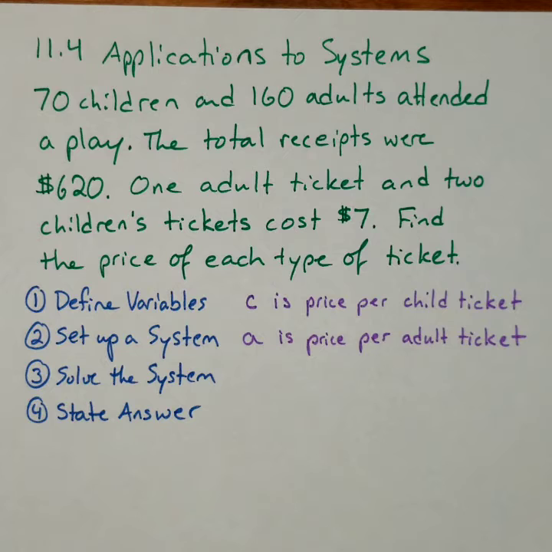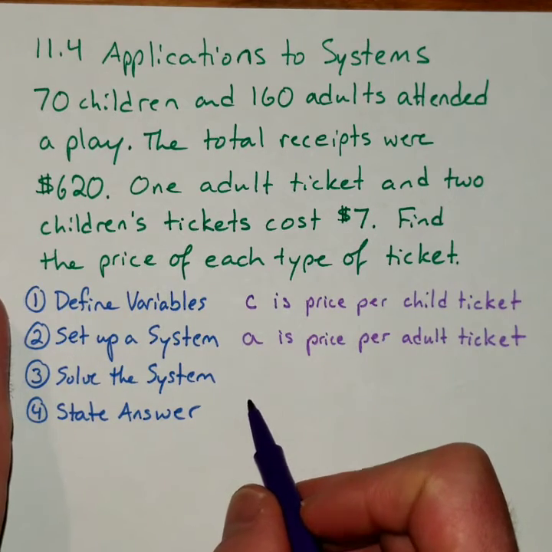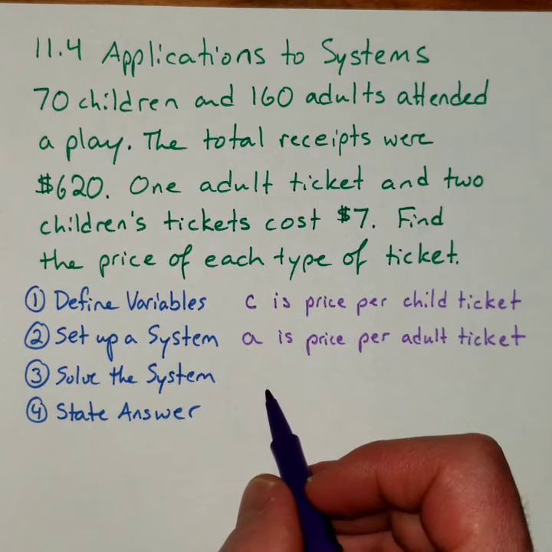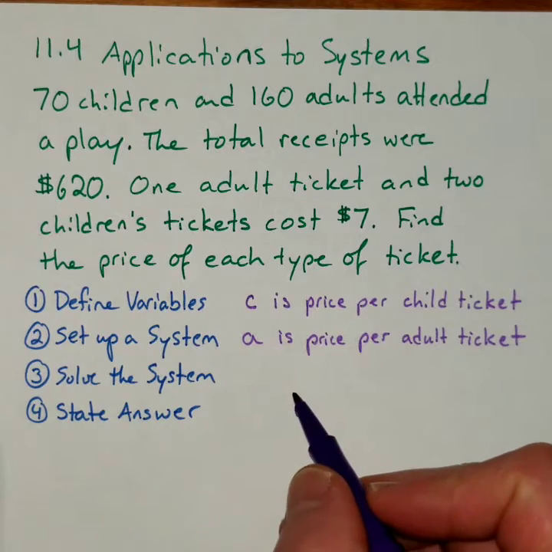Now, I'm going to again use a table to set up my system, to organize my thoughts. But before I do that, I want to give you a formula that generally will work for these problems, and that is that there's some sort of rate. We did the distance, rate, time problem before. When there is a rate involved, you're going to multiply that rate by a number to get a total.